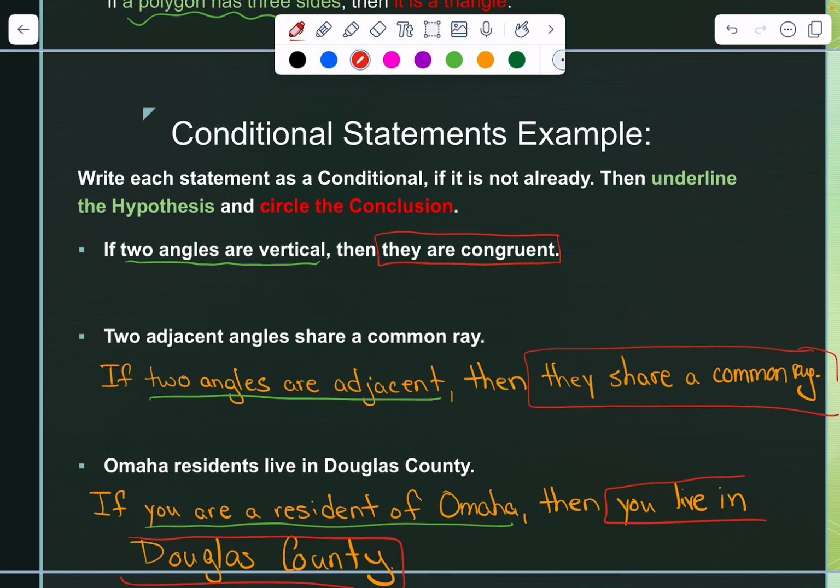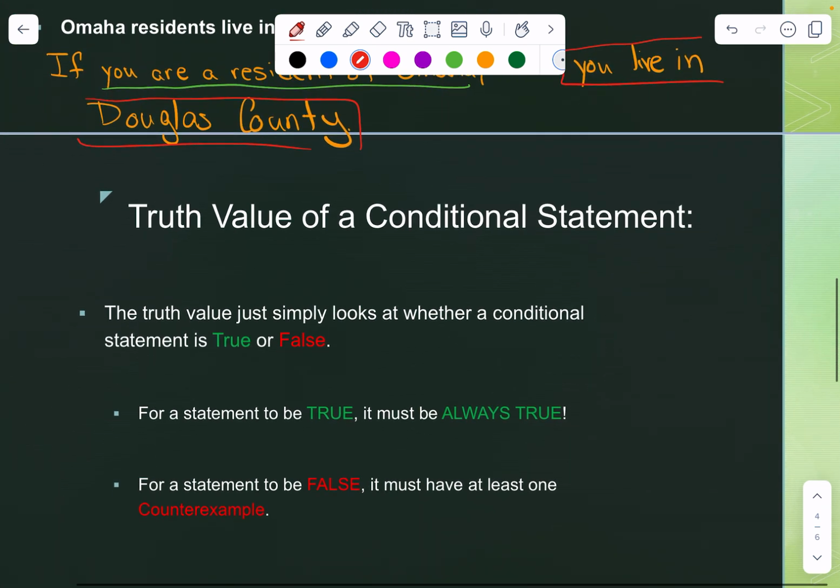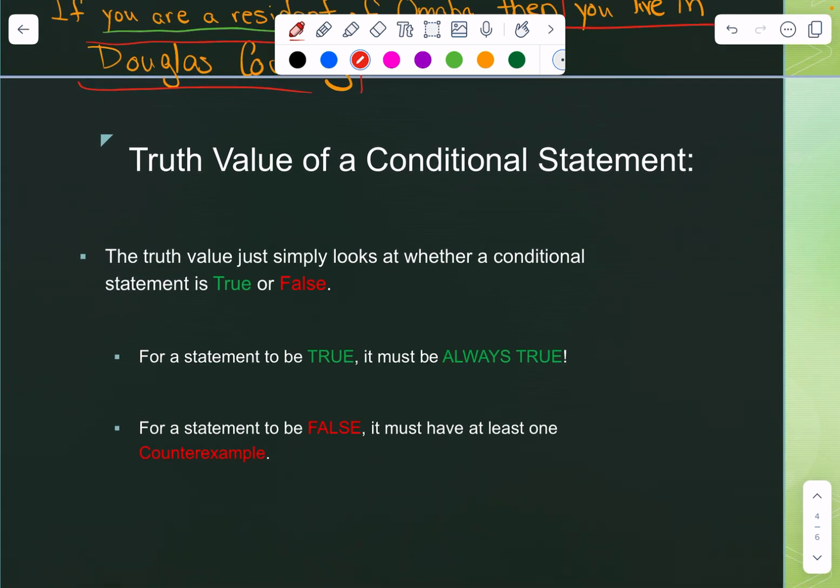If the hypothesis, then the conclusion. Now, not all conditional statements are true. They can make a false statement. So we need to be able to evaluate, are these true? The truth value simply looks at whether a conditional statement is true or false.